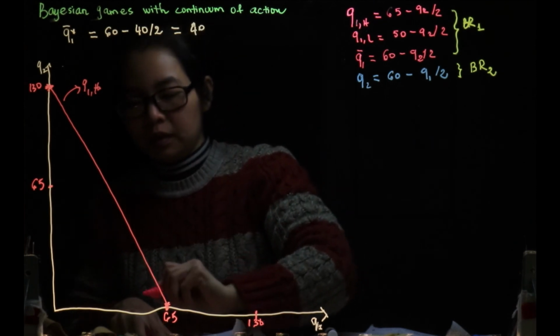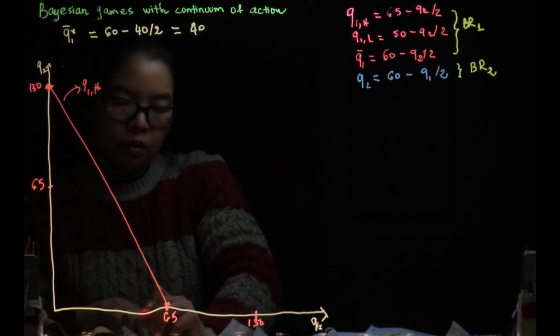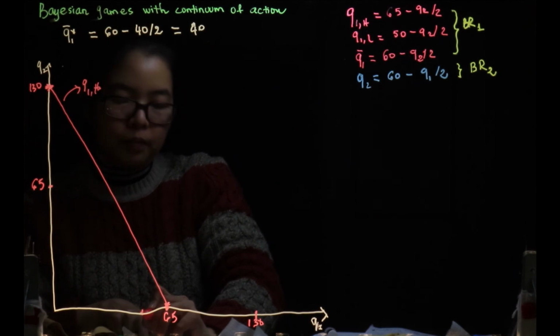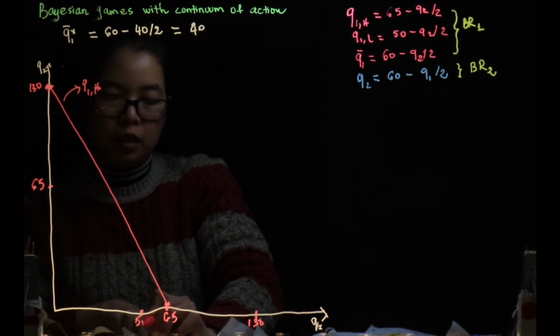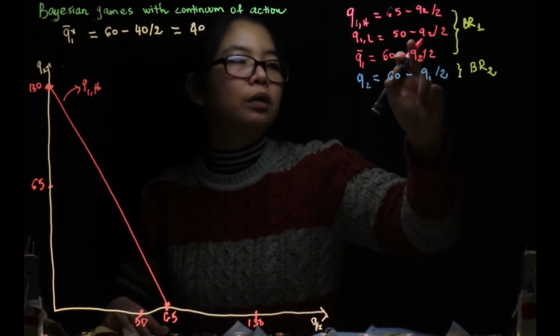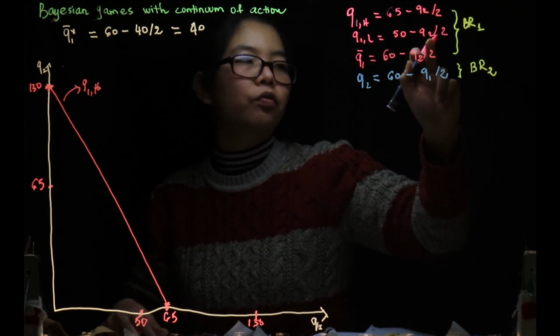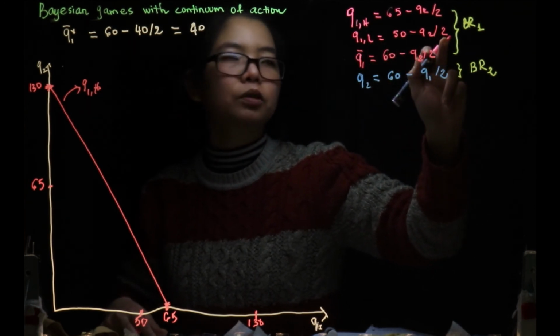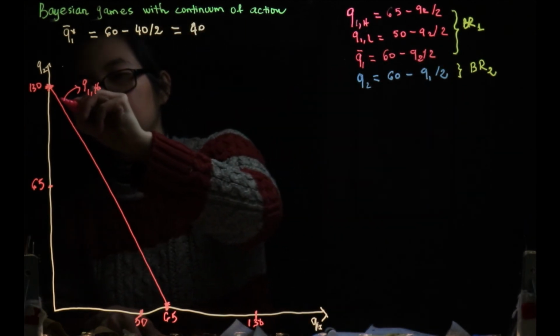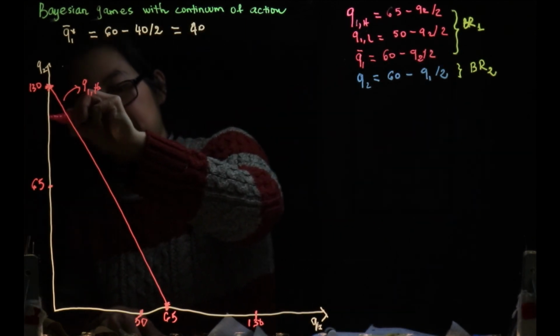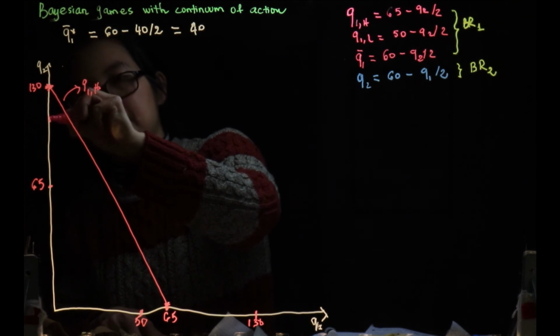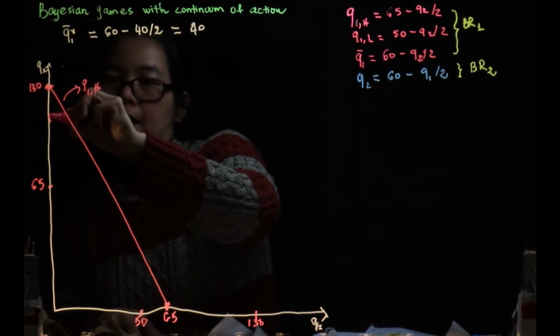How about Q1 low? Similar, the first intercept would be 50. The second intercept would be, set Q1 low to 0. And then for Q2, 50 times 2, 100.